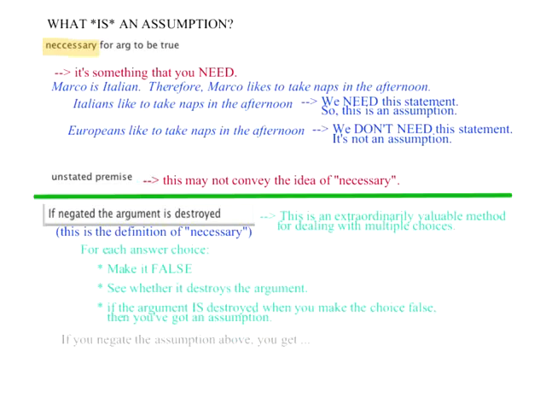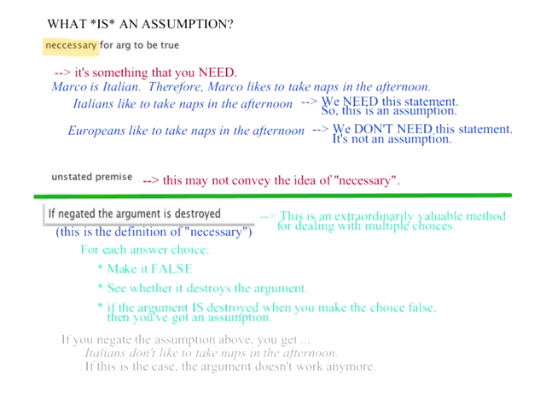That's the opposite. If this is true, then the argument definitely doesn't work anymore. So you found an assumption.